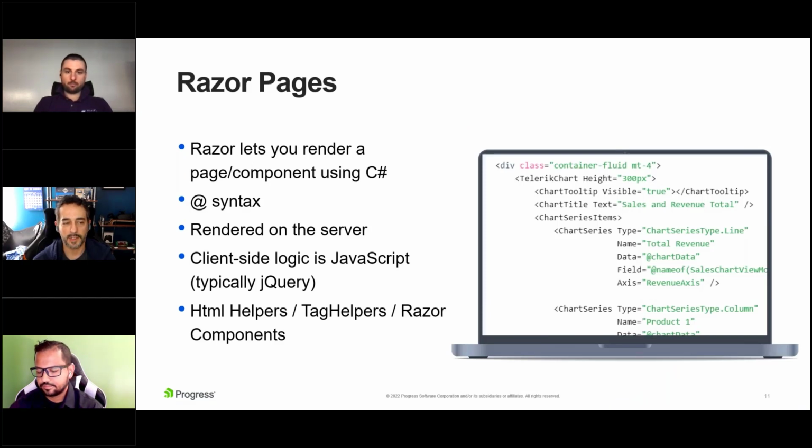And these Razor Pages are compatible with MVC as well. So you'll see a lot of similarities here. We use HTML helpers, tag helpers, and possibly Razor components to build out our Razor Pages, but we don't have that big separation of concerns. Rather, we have a separation of features.